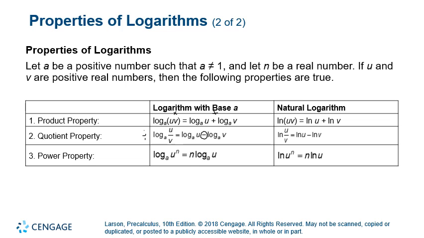And we have the power property, which means something raised to a power is the same thing as multiplying it out in front. So what I like to say is that that exponent comes down into the front. That way, if you could evaluate log base a of u, then you could just multiply it by 10 and you'd be good to go.